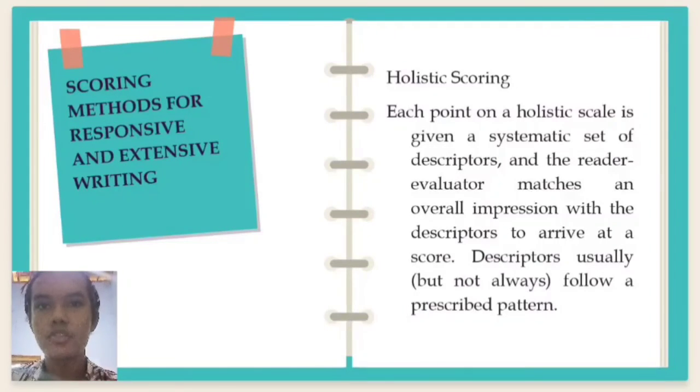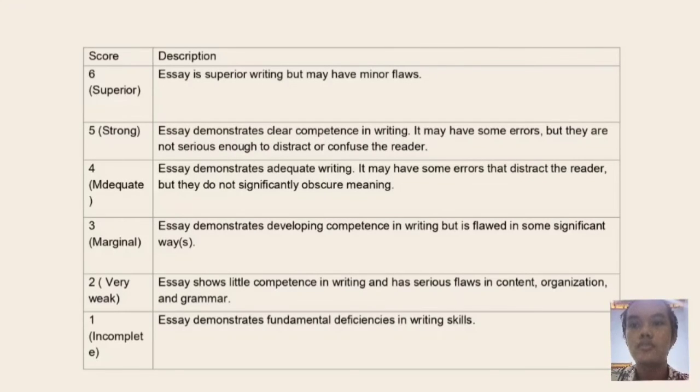Scoring methods for responsive and extensive writing. Holistic scoring. Each point on a holistic scale is given a systematic set of descriptors, and the reader evaluator makes an overall impression with the descriptor to arrive at a score. Descriptors usually follow the prescribed pattern, which scores from 1 to 6, with a description for each score.